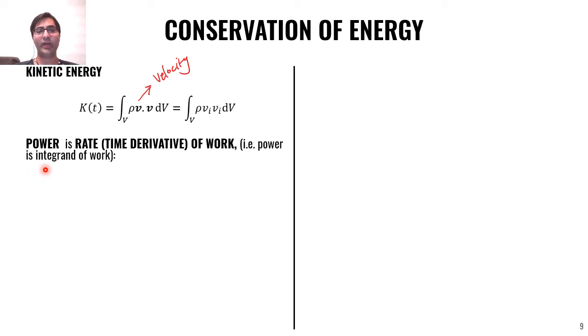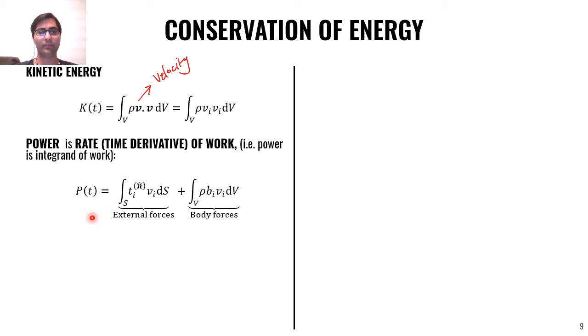On the other hand, we have power, which is the rate, the time derivative of work. Or in other terms, work is the integral of power. Power P is calculated as the work of external forces plus the work of body forces.